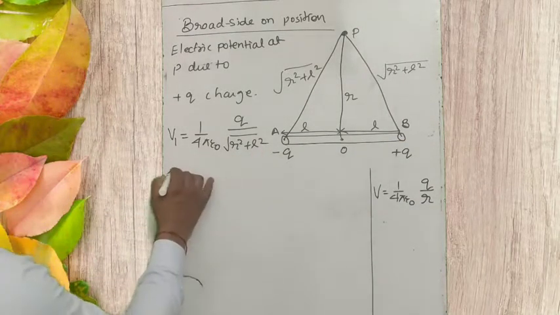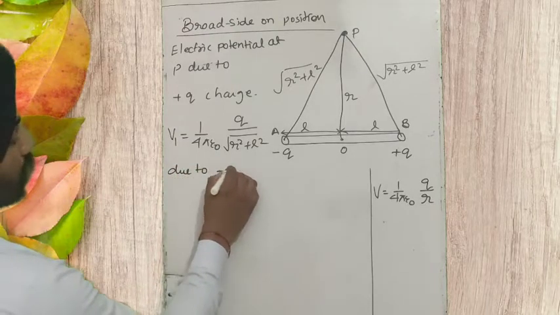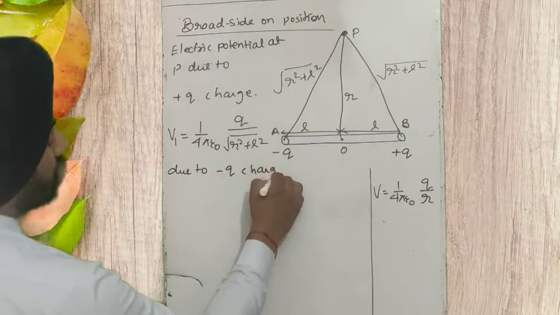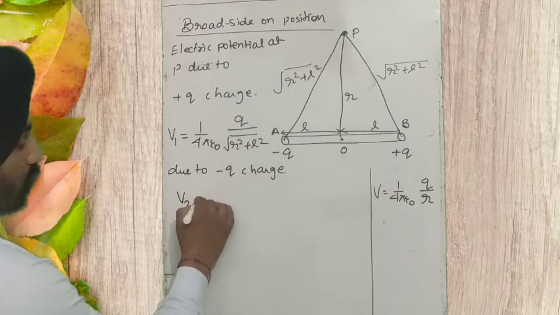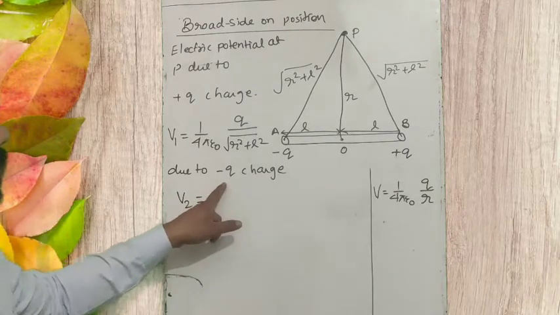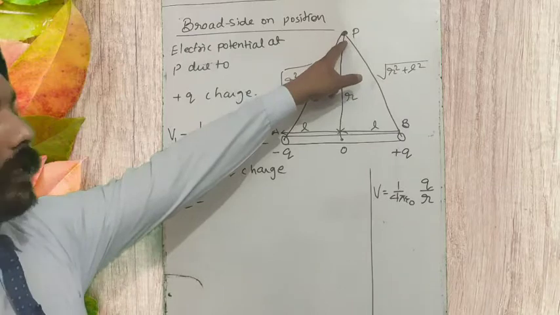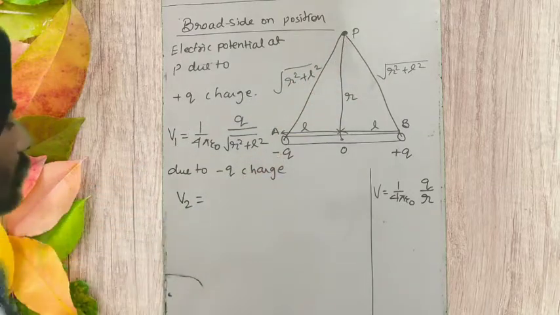Due to the minus q charge, what will be the electric potential at point P? V2 is equal to, because it is a negative charge, the electric potential at point P due to minus q will be negative.